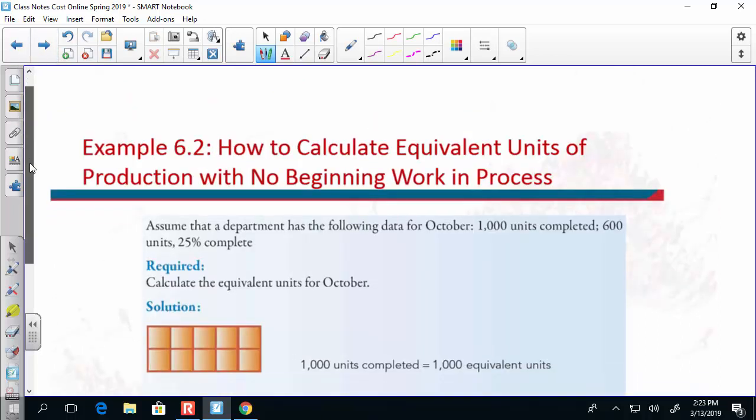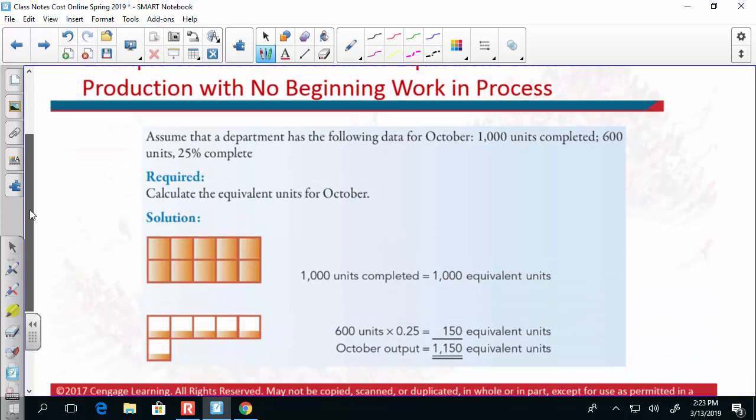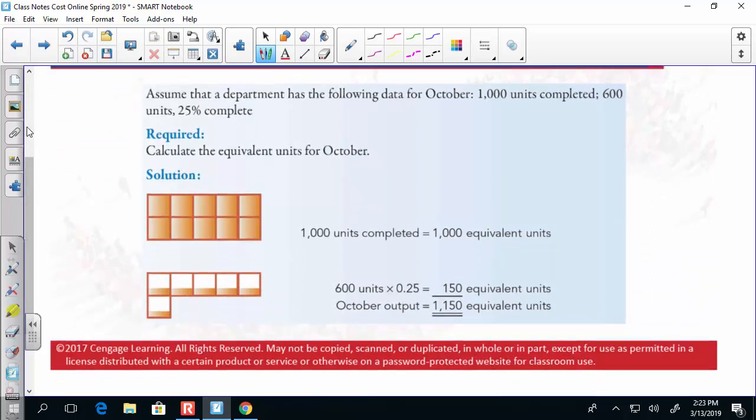And they give a nice example in example 2 here. Here we're looking at, we made 1,000, completed 1,000. We have 600 units partially done. The estimate is that they are 25% complete. So in terms of equivalent units then, that means 150. So the output that we've created in the month of October in this case is 1,150.